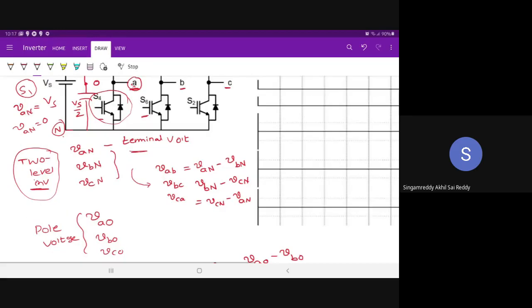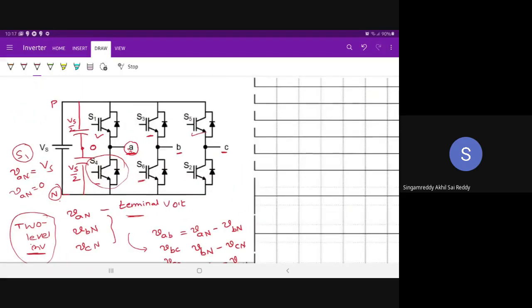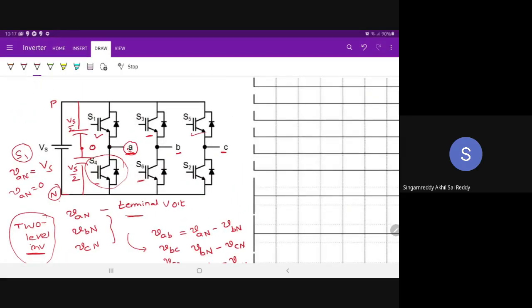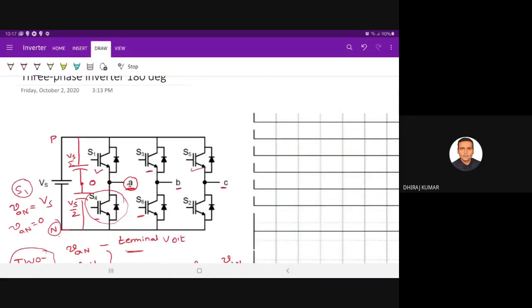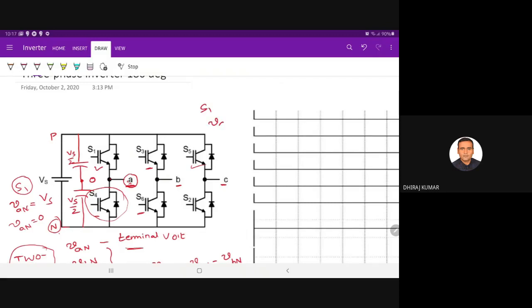Clear? The same thing. When S1 is on, what is the voltage VA0? It is Vs by 2. When the bottom switch S4 is on, the voltage is minus Vs by 2.